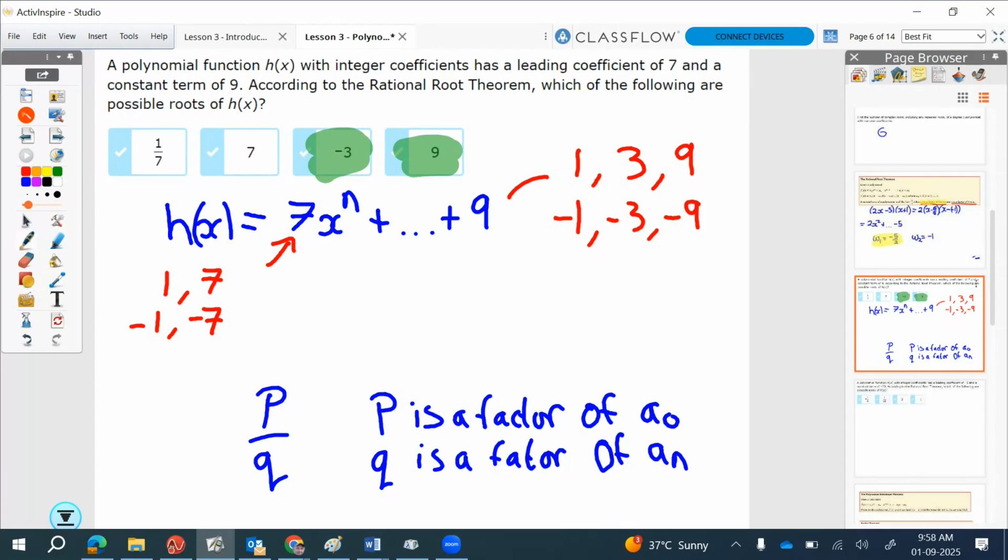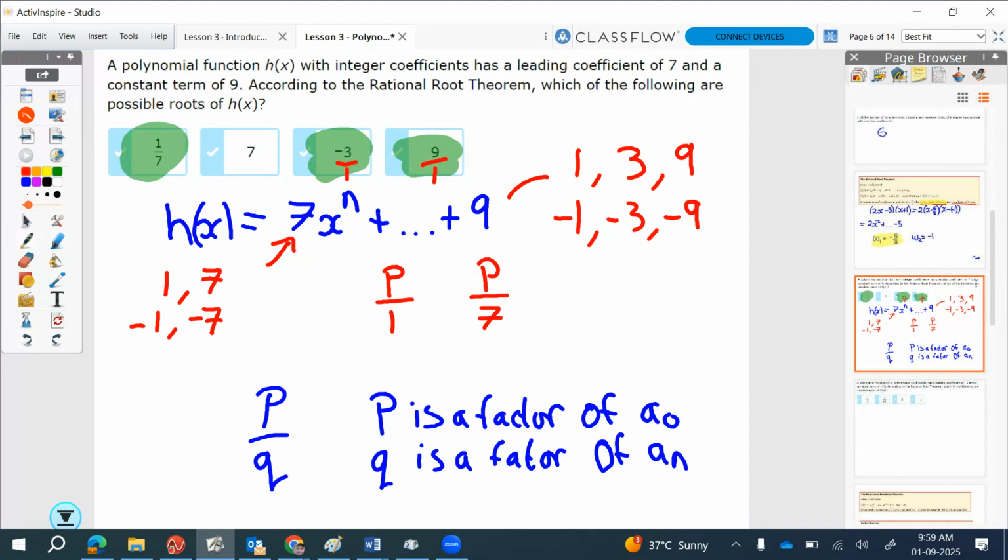So if Q is one of these, that means it's possible to have anything of the form P over 1, like these two. Or P over 7. Do we have anything of the form P over 7? Yes, this one.